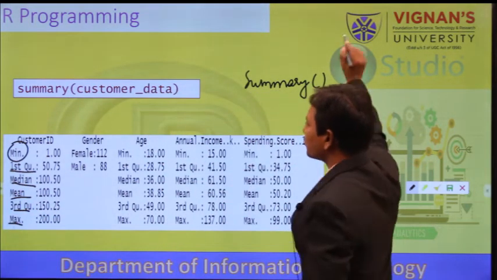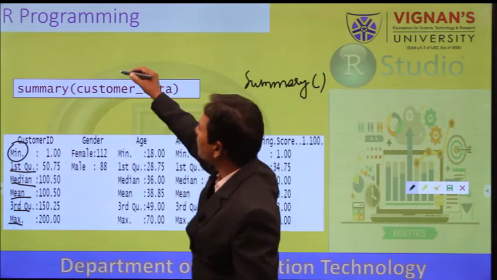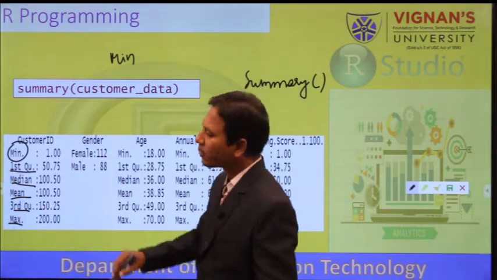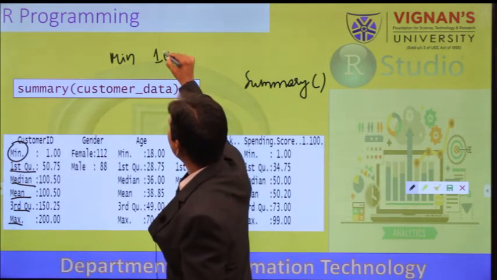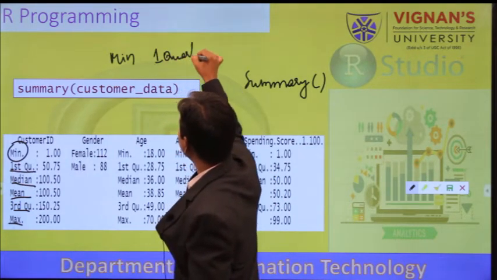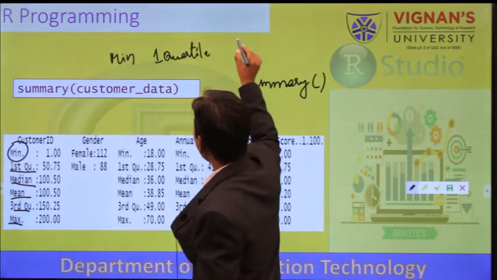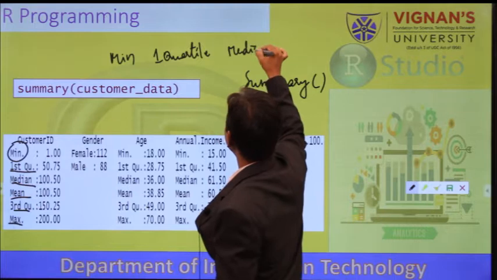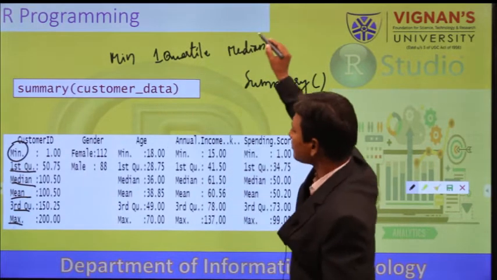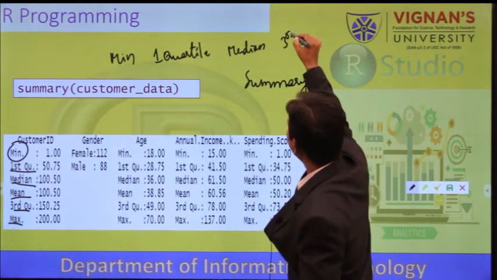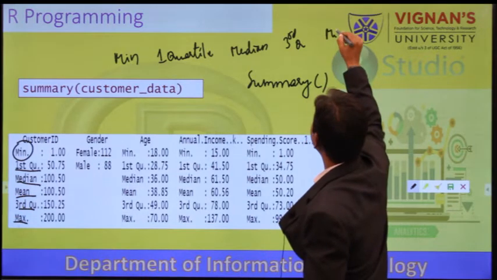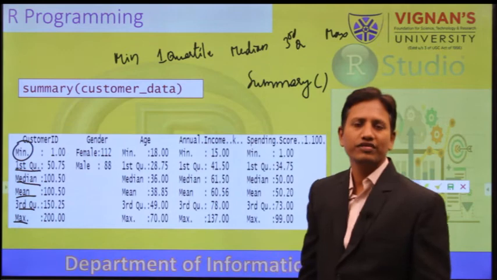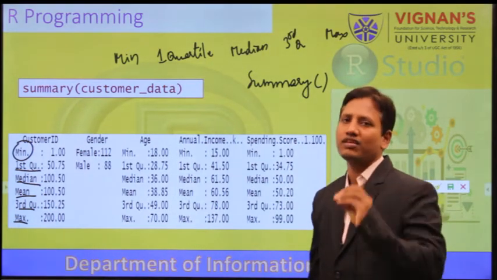Let me write those values: minimum value, first quartile, median, third quartile, and finally the max value. 5 important statistical values.